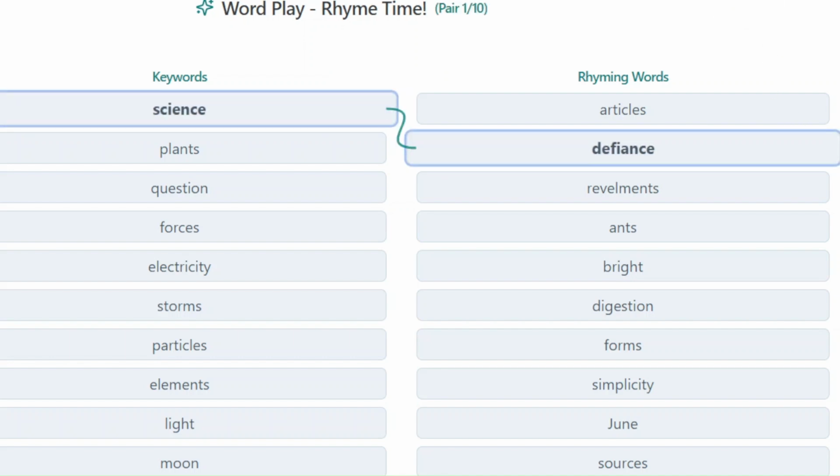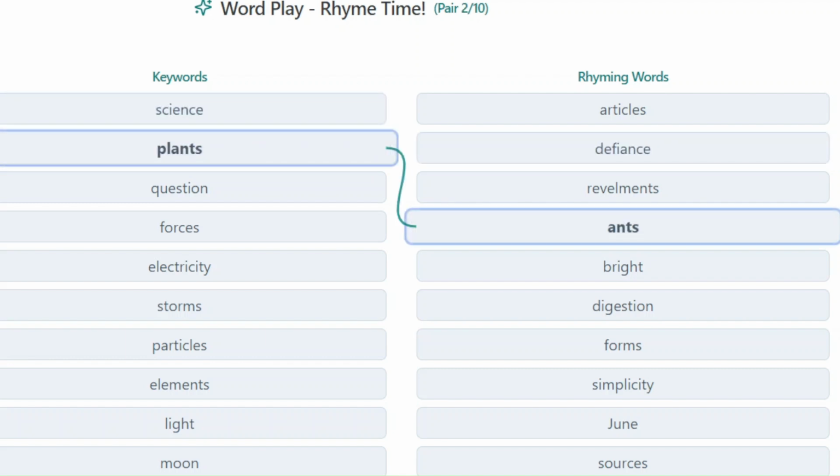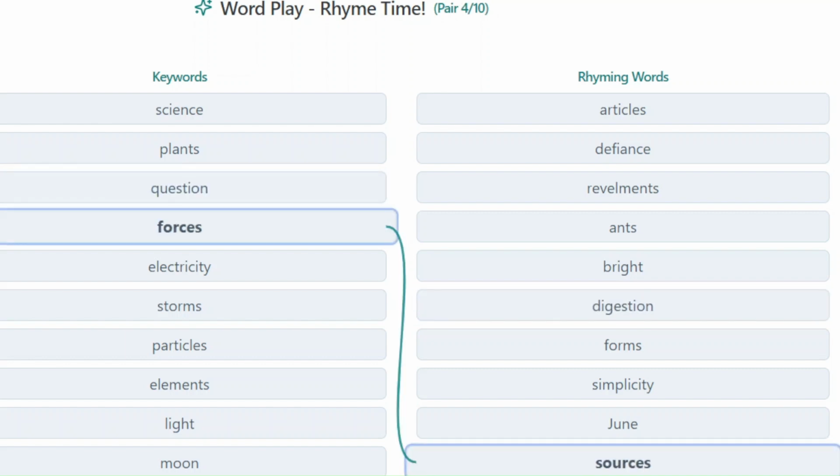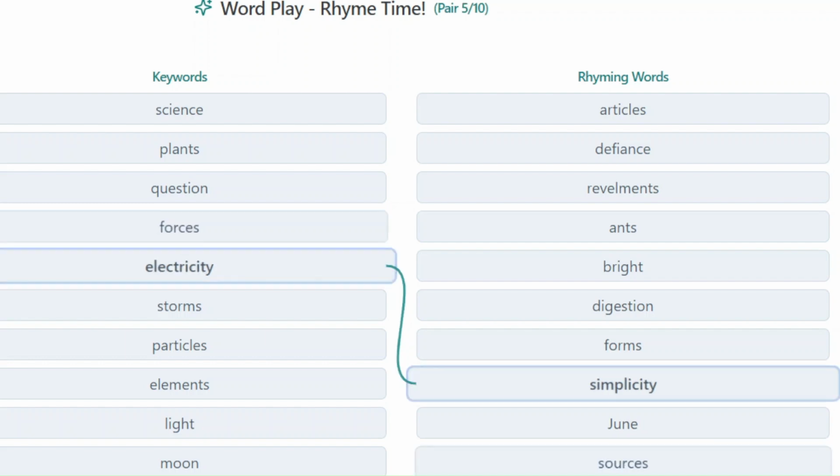Science. Defiance. plants, ants. Question. Digestion. Forces, sources. Electricity, simplicity.